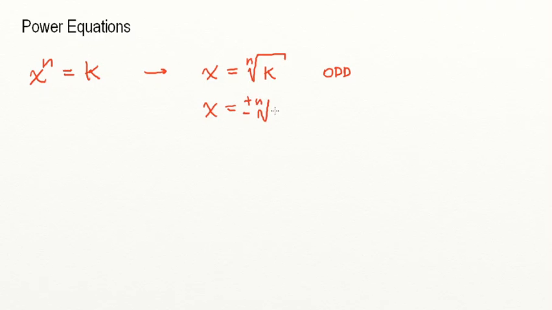In more general terms, if x to the power of n is equal to k, where k is a number, then you may just find x to be the nth root of k. Now, this works if your n is odd. If n is even, then we'll have the plus or minus.